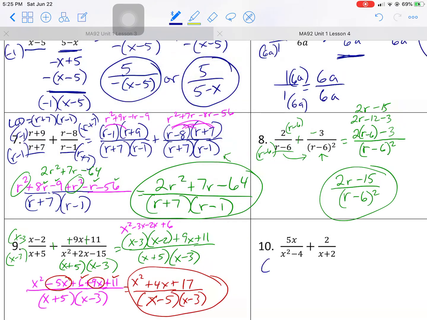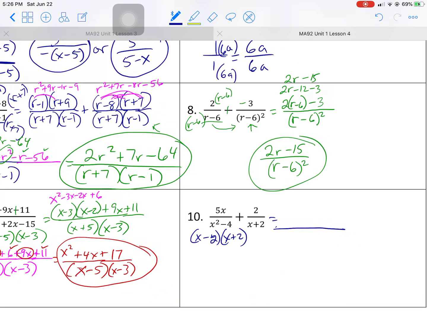All right. This one, it's factored. It's a perfect square minus a perfect square. Has that as a factor, so that is my LCD. Let's get a little room here. So that means this is going to be x minus 2. My LCD is x minus 2, x plus 2. And that means this got multiplied by x minus 2.